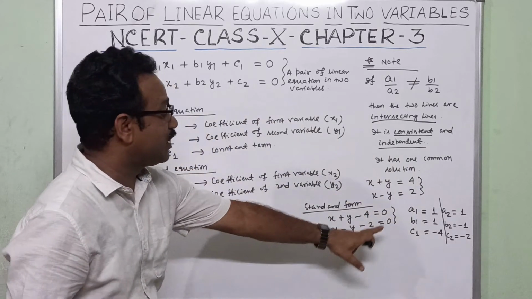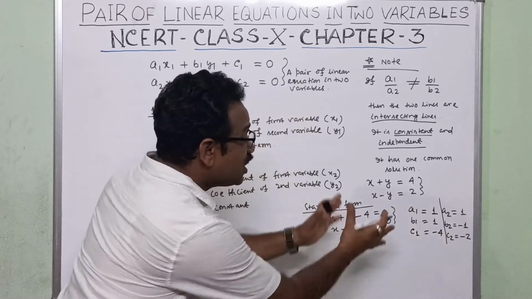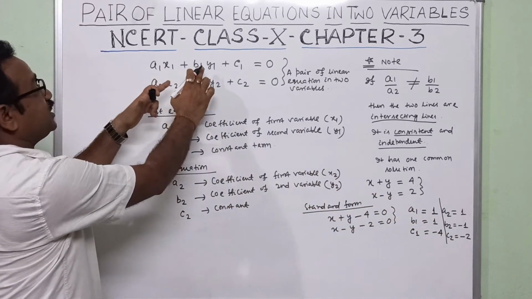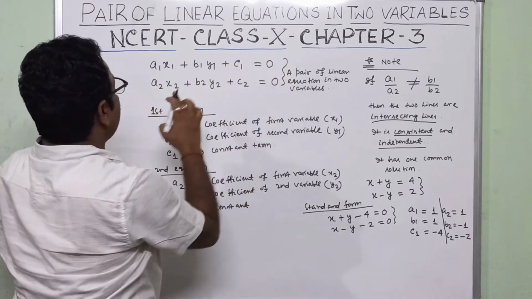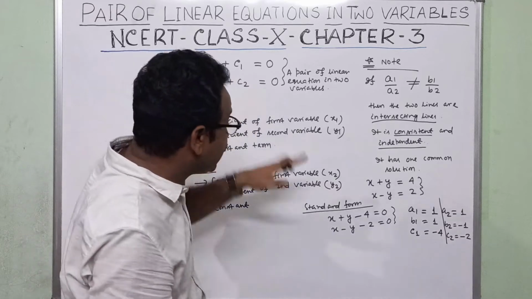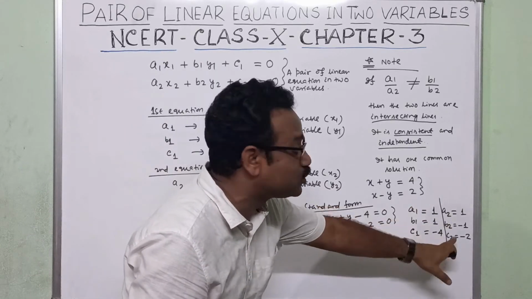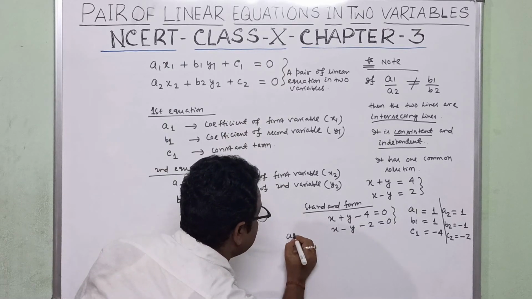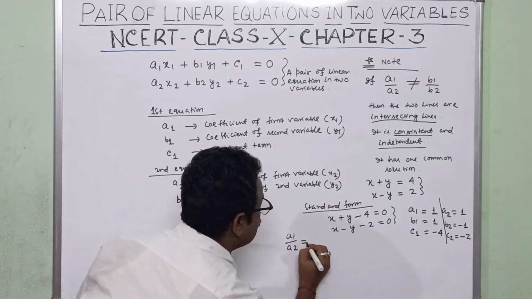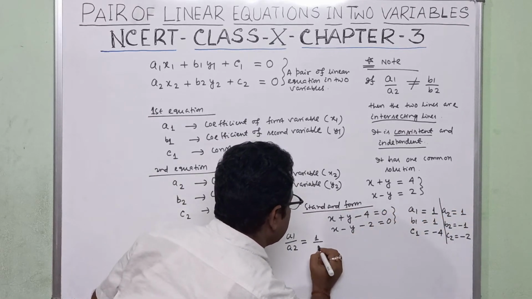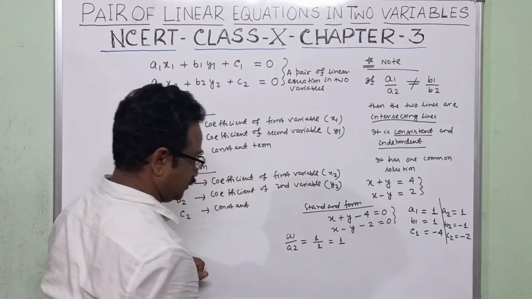Comparing with a1 x plus b1 y plus c1 is equal to 0, a2 x plus b2 y plus c2 is equal to 0, we are getting this a1, b1, c1, a2, b2, c2. Now find the value of a1 by a2. a1 by a2, 1 by 1 is equal to 1.